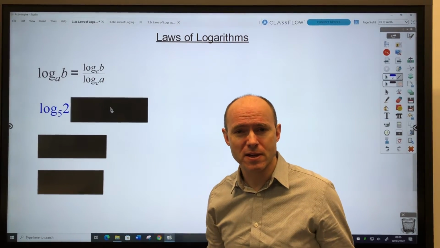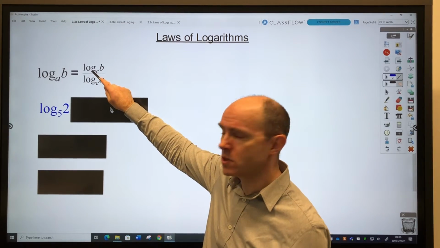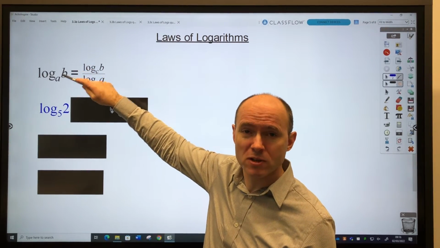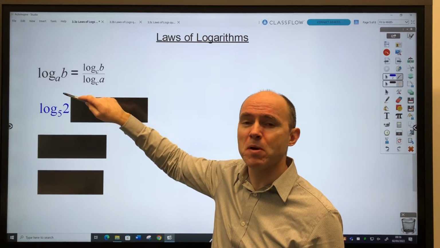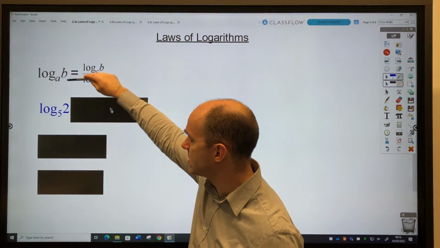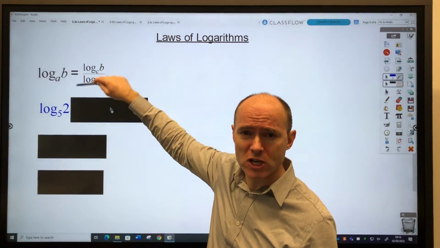Now the idea is whatever base you choose, you rewrite it as a fraction, a log term on top, a log term on the bottom, both of them base 10. The C there indicates the base that you've changed it to.